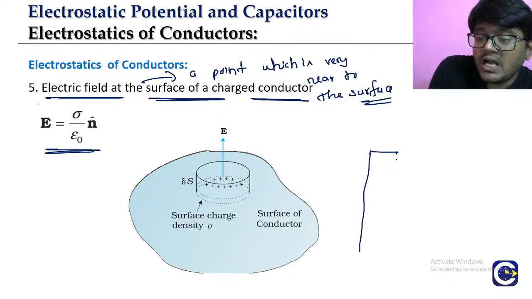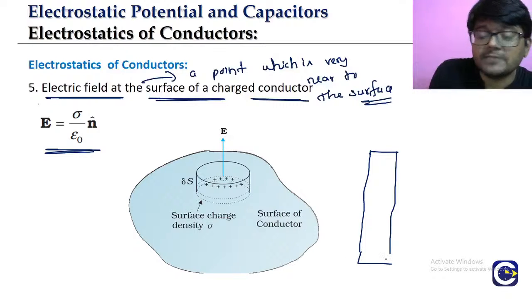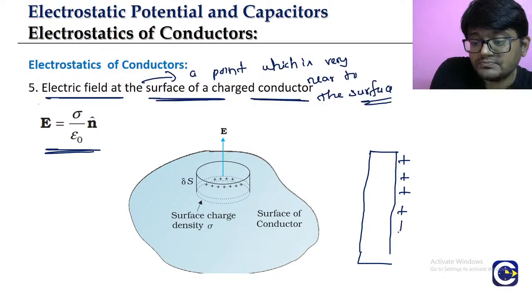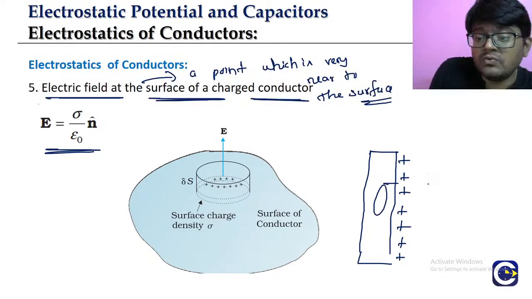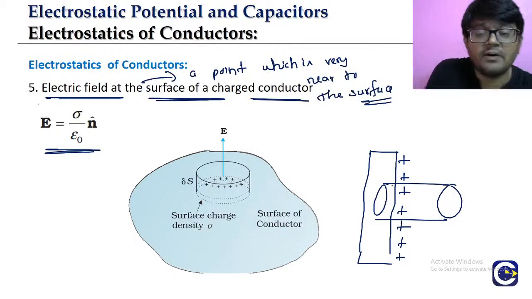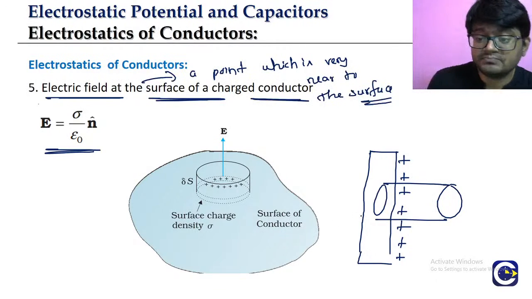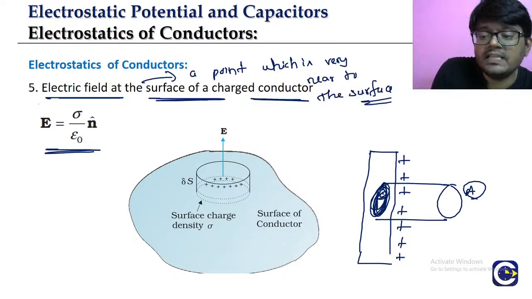If you have a large infinite sheet made up of a conducting material, do you remember the Gauss law application? There we have taken a cylindrical type of enclosed surface. One side is here, with surface area A. This surface is inside the conductor, where the electric field is 0.